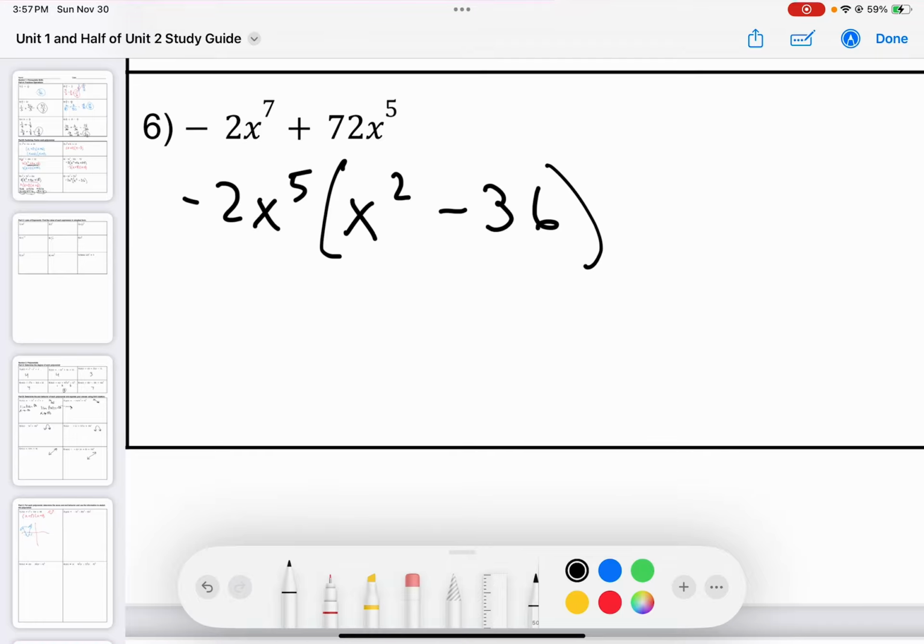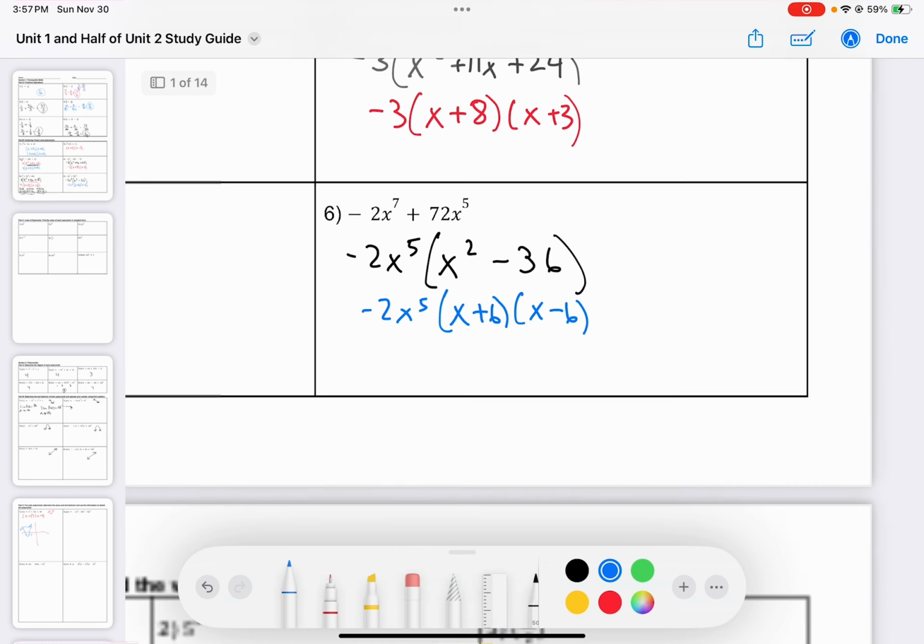I pulled out all the x's, so there's none left. And then I get negative 2x to the 5th. What two numbers add to 0, because there's a 0x term, multiply to negative 36? That would be positive 6 and negative 6. And so here it is factored.